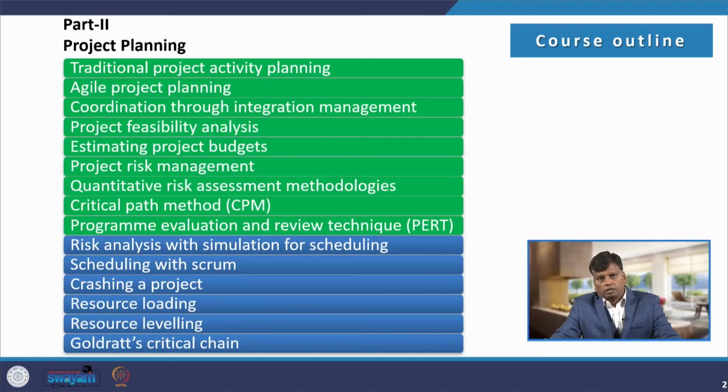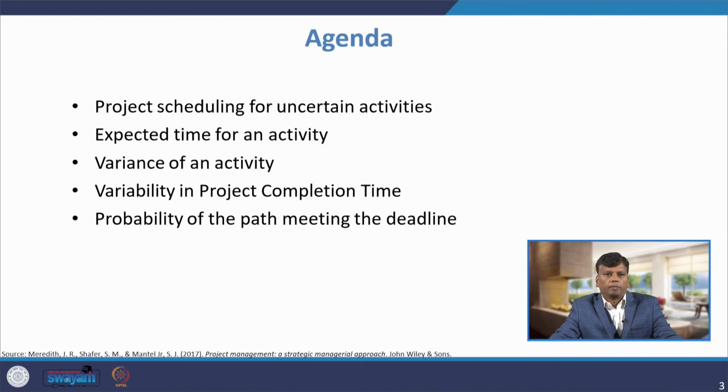So, this slide shows, as in the previous lecture it was the critical path method. Now, we are discussing PERT, program evaluation and review technique. The agenda for this lecture: I will explain project scheduling for uncertain activities.